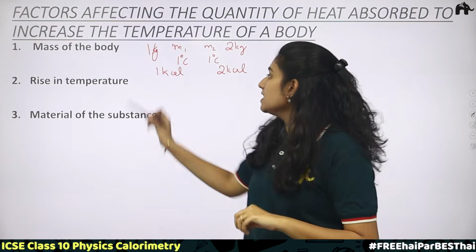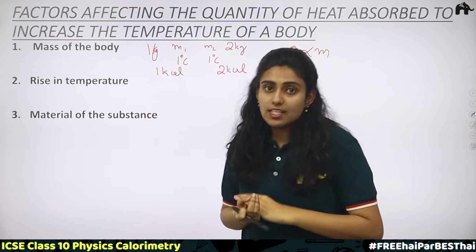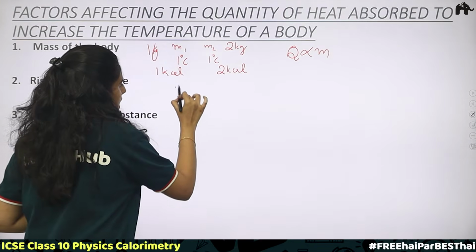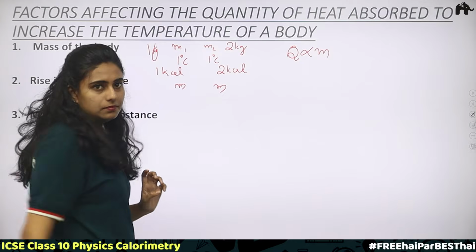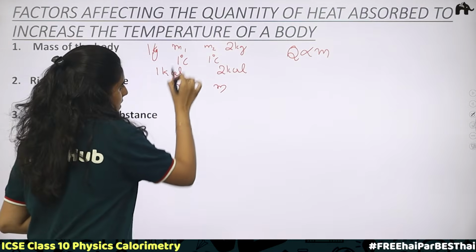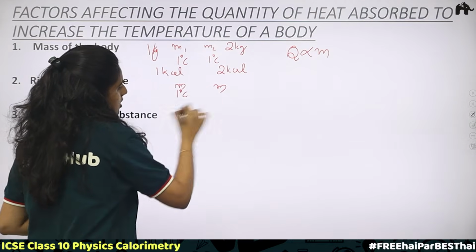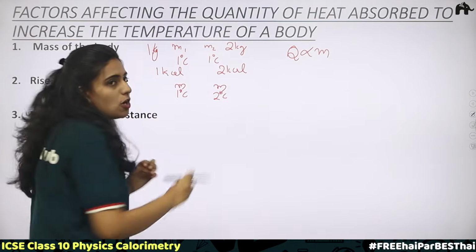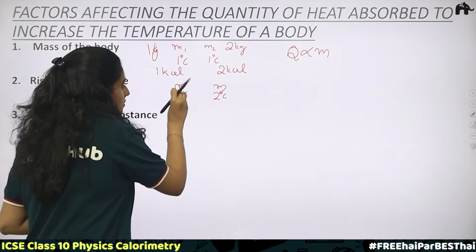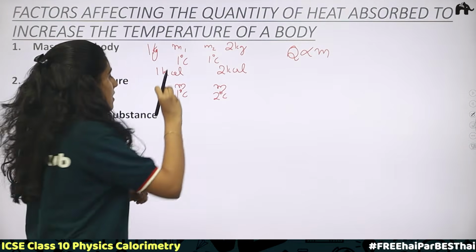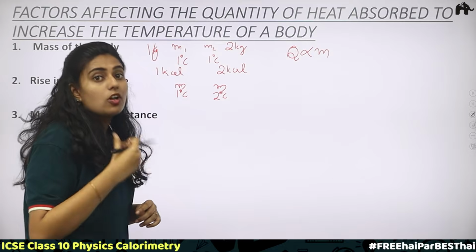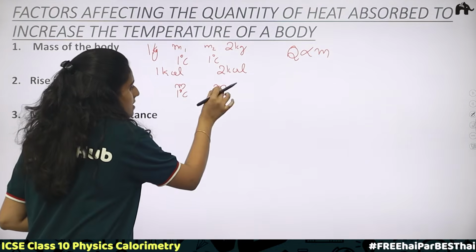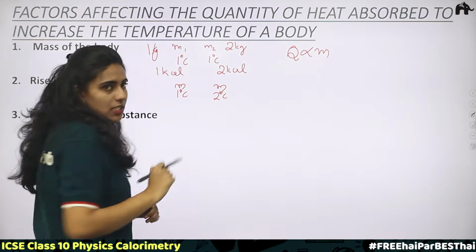Now the second point, rise in temperature, or change in temperature. Here you are considering 2 bodies of the same mass, let's say M. Here the temperature difference is 1 degree Celsius and in this case it is 2 degrees Celsius. Then the heat energy absorbed will also be different. For the body where the temperature difference is small, the heat energy absorbed will also be small. Both of these are of the same substance and same masses, with different temperature rise.